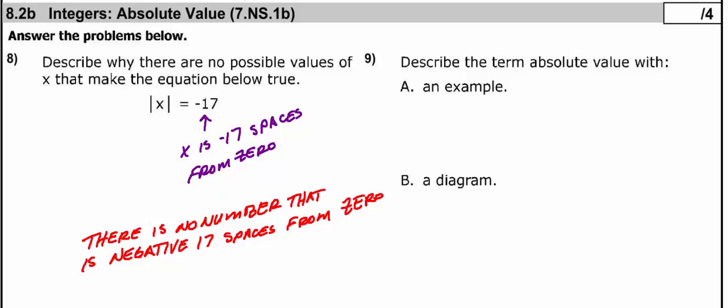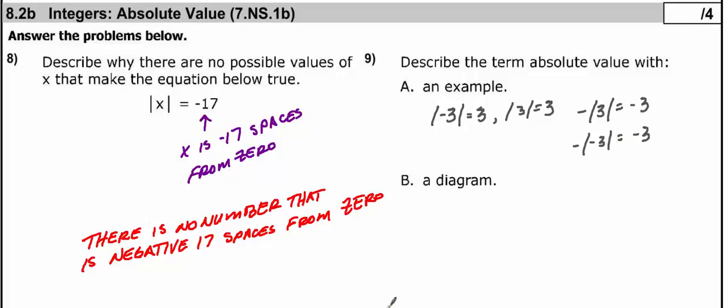The second part of this asked for an example and a diagram. Examples of absolute value are things like the absolute value of negative 3 is 3, and the absolute value of 3 is 3. If you wanted to get even a little more in depth, you could have said the opposite of the absolute value of 3 is negative 3, and the opposite of the absolute value of negative 3 is negative 3.